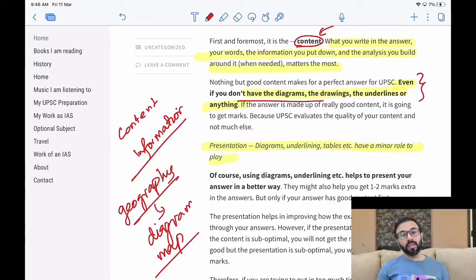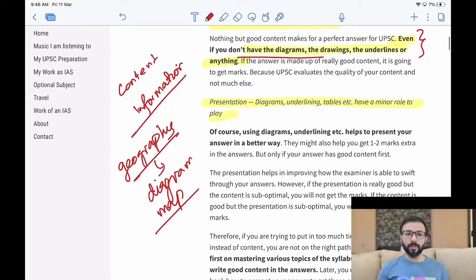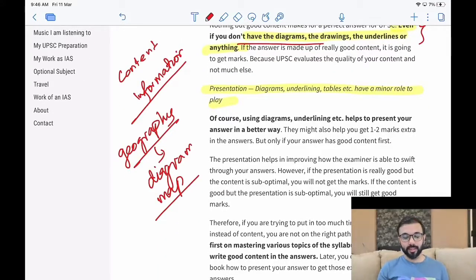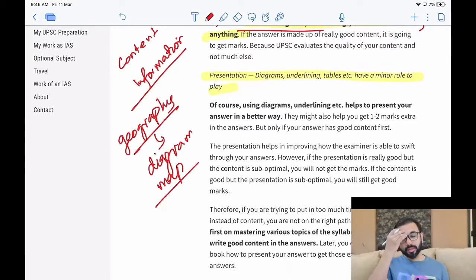Don't try to just do it even if you don't know how to do it, even if you have not practiced for it, even though it has not become part of your preparation, or if the question simply doesn't require it. Don't try to force it. I have seen in coaching institutes and in many other places, you might be told that diagrams have to be made in every question. In a history question, what is the need of a diagram?